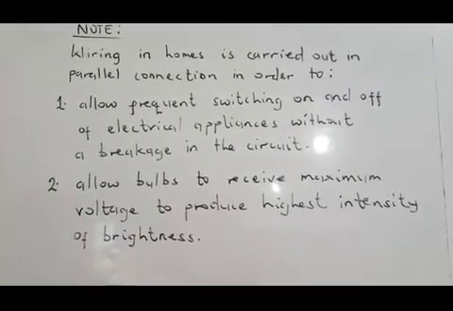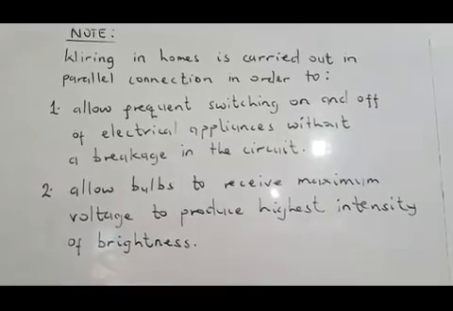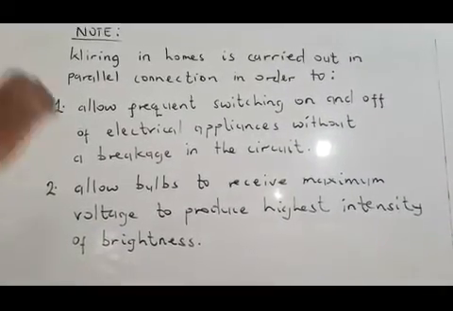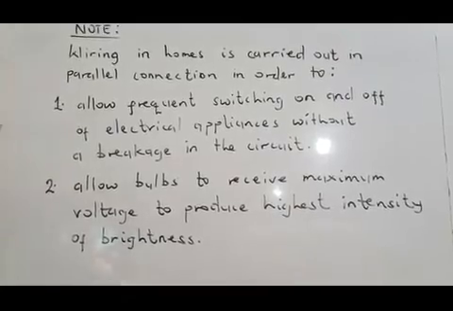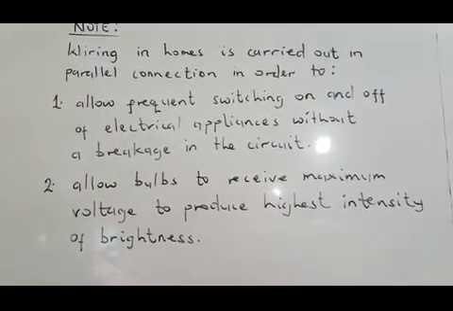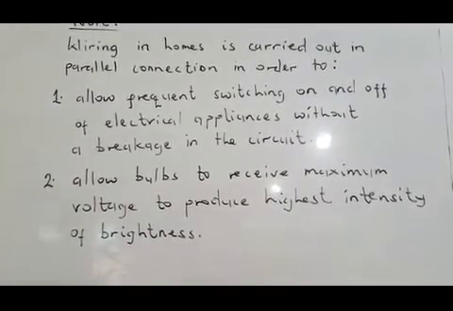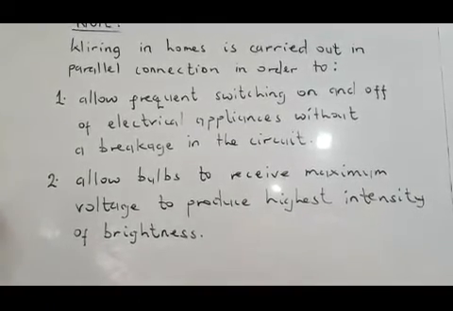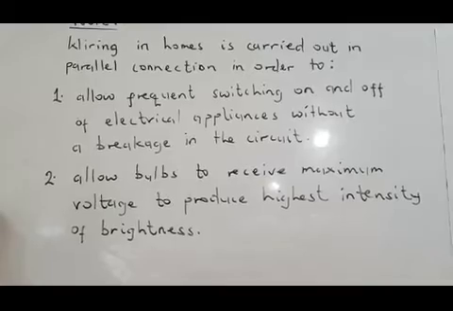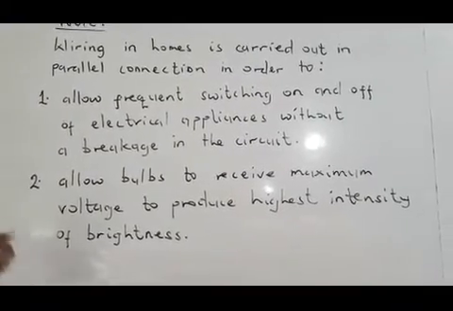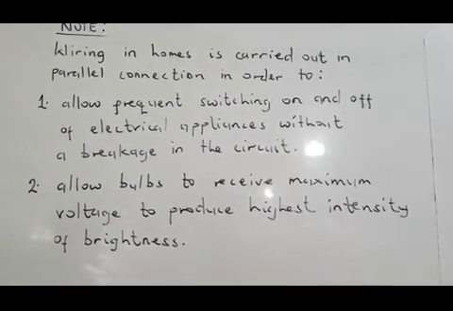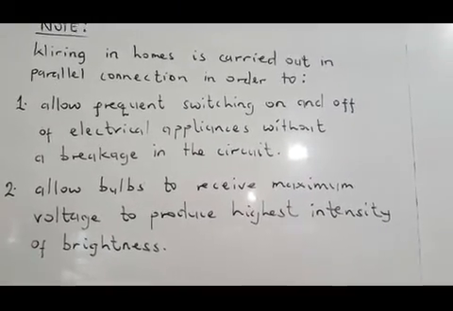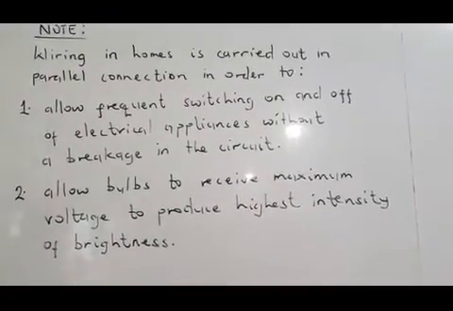So what it means is that if your appliances such as your fridge, your television, the bulb, are in parallel connection, the fact that you switch off your television does not mean that the fridge and the light will go off. Or if both the fridge and the television are on and then you switch off the fridge, it doesn't mean that automatically the TV will also go off.